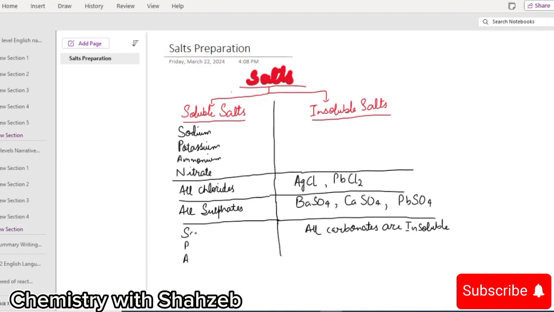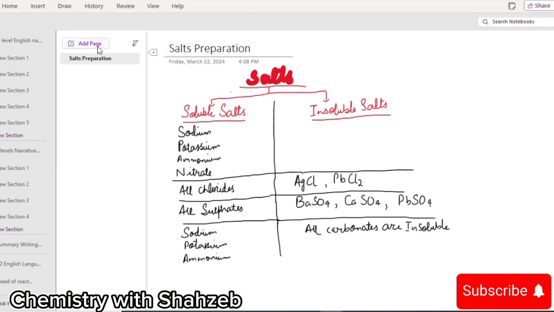SPA means sodium carbonate is soluble, potassium carbonate is soluble, then we have ammonium carbonate, which is also a soluble salt. So this is the whole thing about soluble salts and insoluble salts. You have to memorize them.